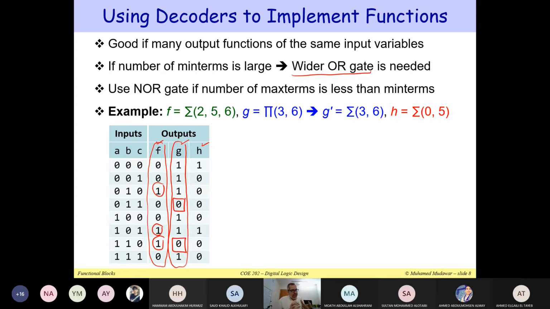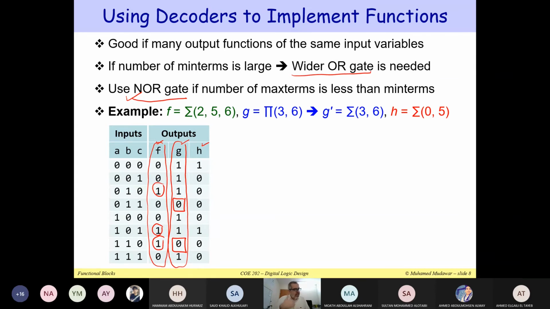So rather than generating all the ones and using a 6-input OR gate, we can use a NOR gate. The NOR gate can be used to produce the zeros of the function, not the ones. So if you have a fewer number of max terms, so we count the zeros in the column, if you have fewer zeros, it means fewer max terms than minterms, then it will be better to use a NOR gate, because the output of the NOR gate is inverted.